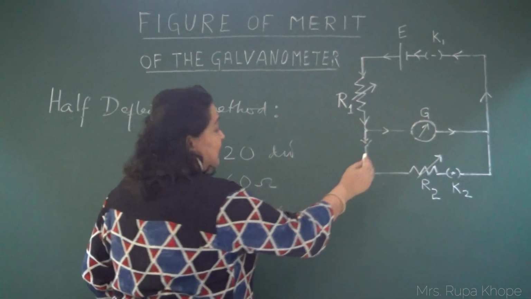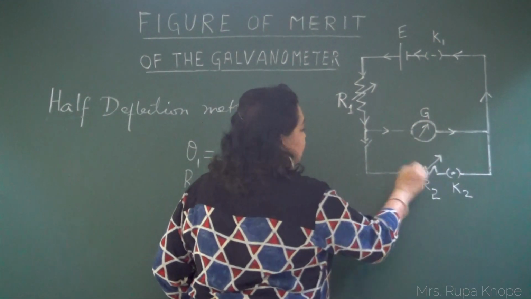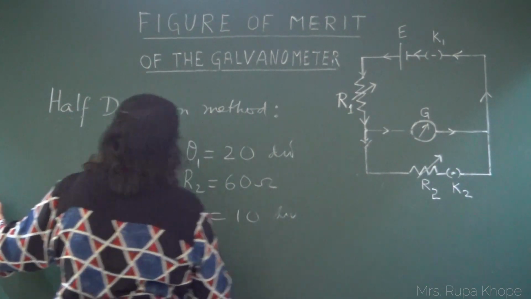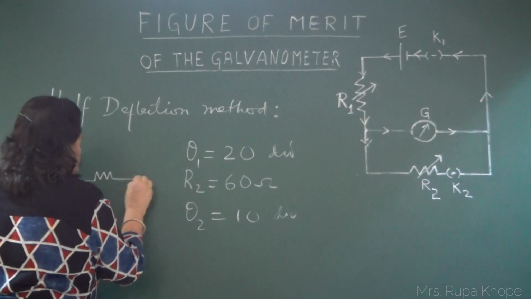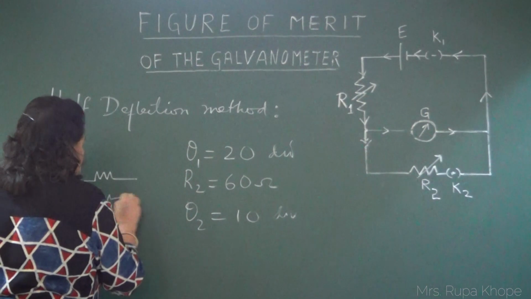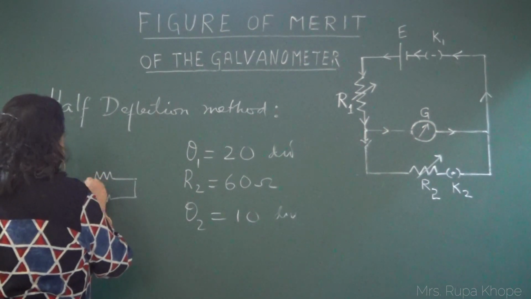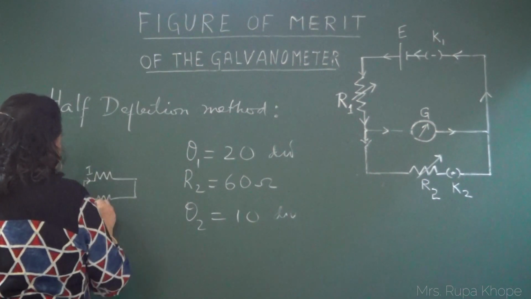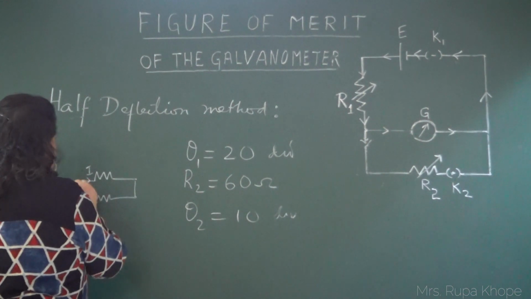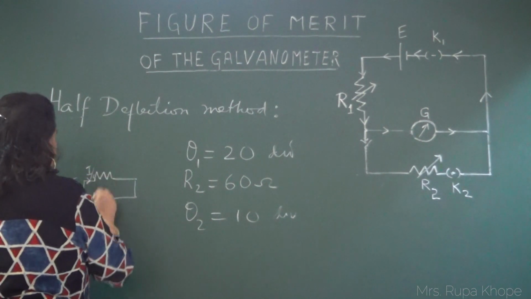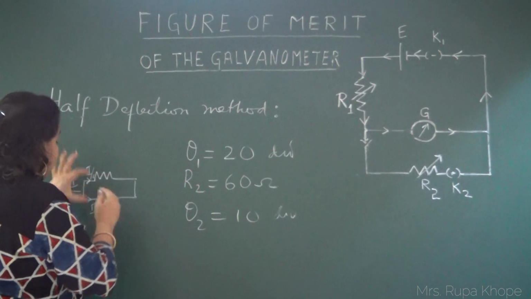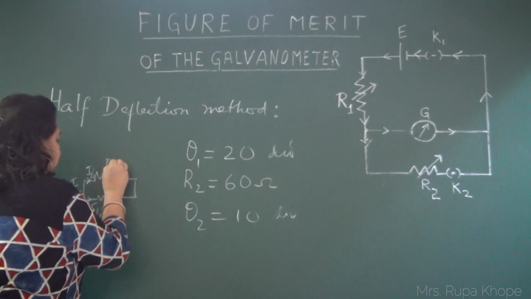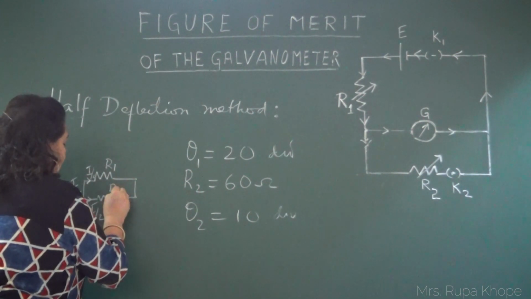Now you can see very well, these two are in parallel. And you all know that when two equal resistances are in parallel, the current flowing through each is the same. Suppose I is the current that comes here, I by 2, I by 2. This follows that these resistances R1 and R2 are equal.